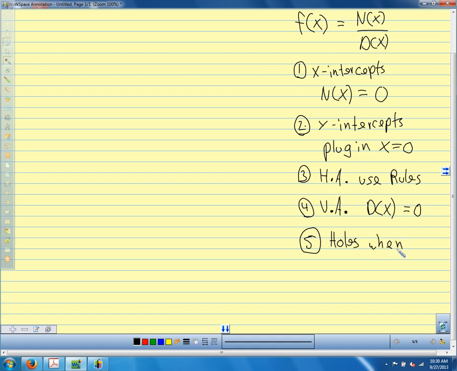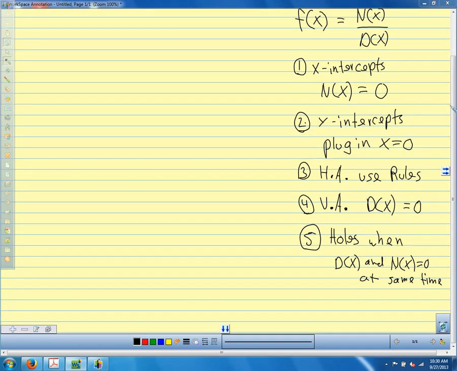So if they have a common factor, they're going to equal 0 at the same time. When that happens, we get a hole. We don't have a vertical asymptote there. So if we have a hole in our graph, we don't have a vertical asymptote at that x value. We just have a hole.